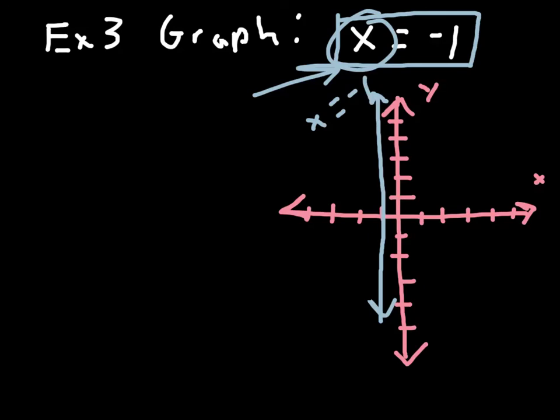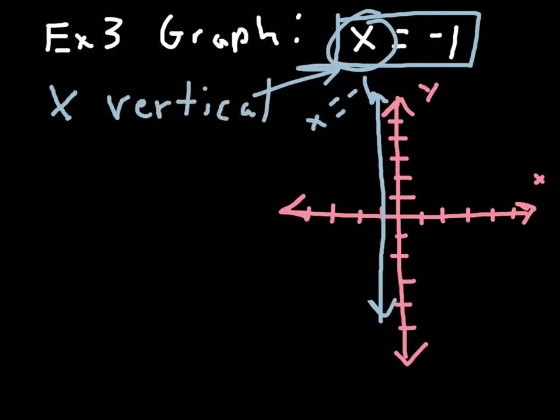So what you need to do, probably the most important thing you need to do, is in your notes for this lesson, underneath the topic of graphs of vertical and horizontal lines, write this down. If your equation has just one letter, it's going to be either vertical or horizontal. So if the equation involves just x, it's going to be a vertical line.